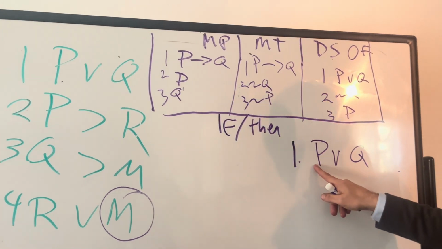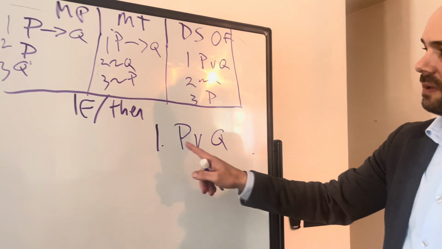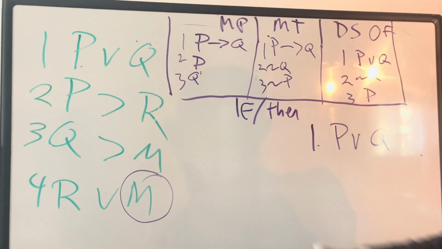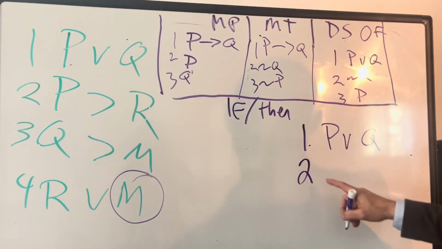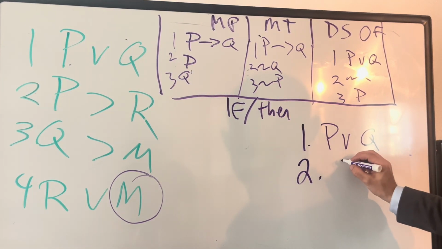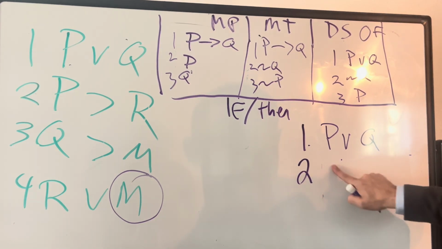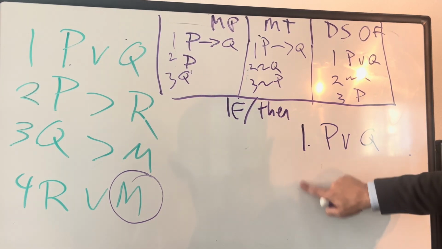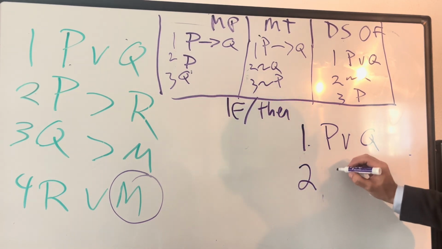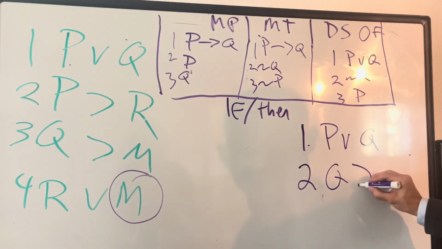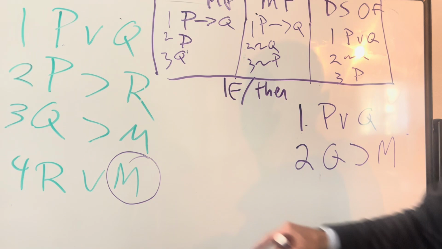So we have the first premise here, either P or Q, and we have the third premise over there, and I'm going to represent it as a 2 on this side. So premise 2 then will be: if Q, then M. We brought that over from here.